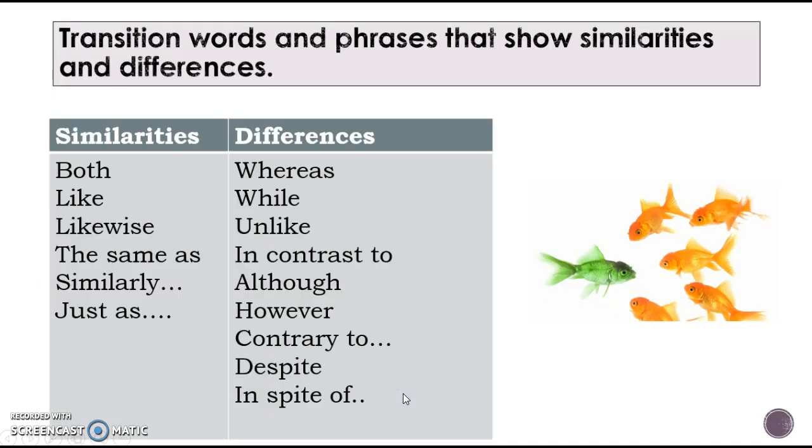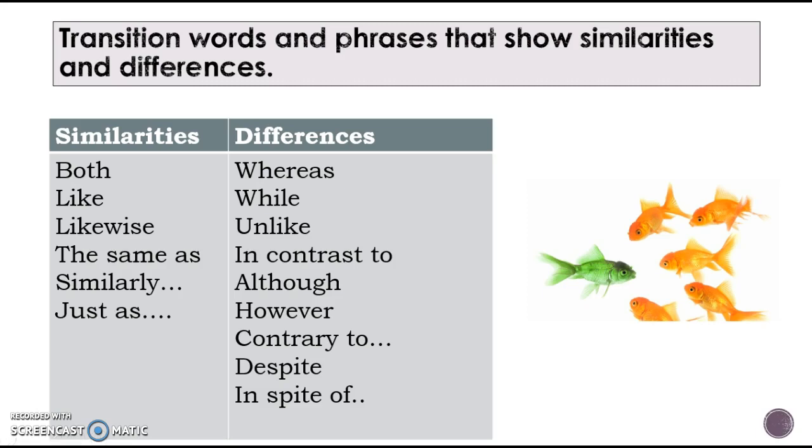When we're writing, within the paragraphs, we want to show similarities and we want to show differences. So connectors or transition words that show us similarities: both, like, likewise, the same as, similarly, just as. These are words that show us that something is similar, almost the same.